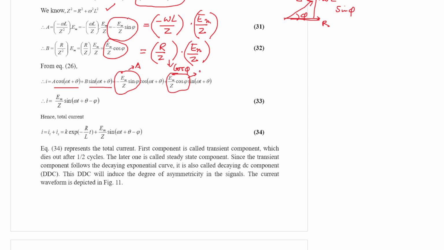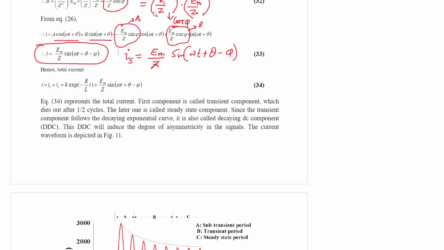If you take Em by Z common, altogether this equation is the steady state behavior, that is Em by Z sin(omega t plus theta minus phi), which is i_s.